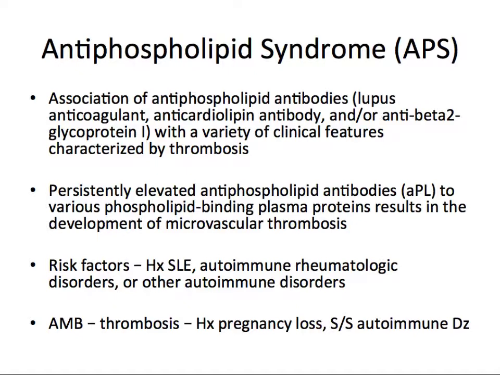Risk factors for this condition includes a history of systemic lupus erythematosus, autoimmune rheumatologic disorders, or other autoimmune disorders. It's manifested primarily by thrombosis, but you may also see a history of pregnancy loss or signs and symptoms of autoimmune disease.